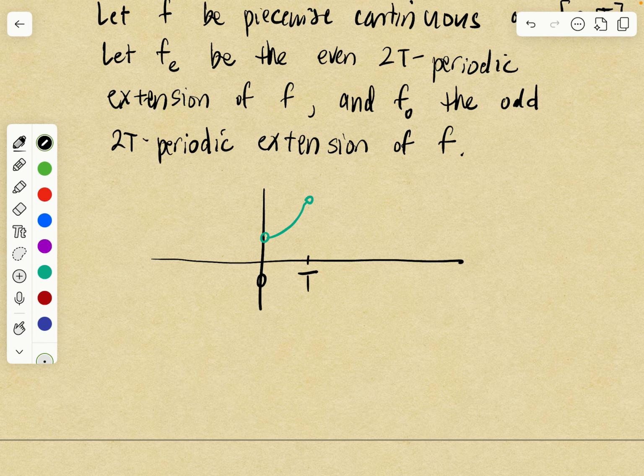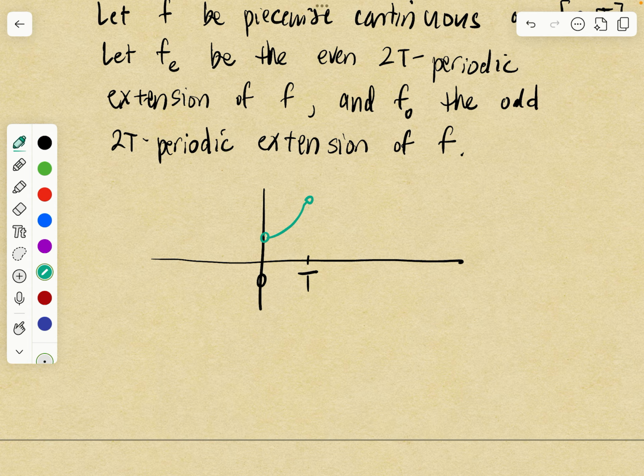Well, in that case, you are going to have an odd extension and an even extension. Let's look at f sub even.